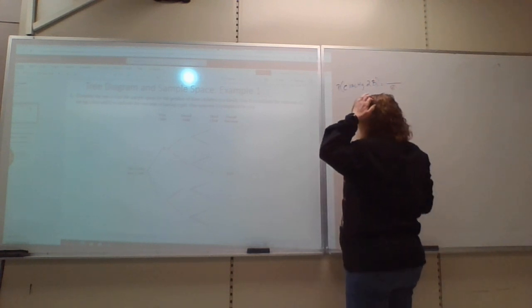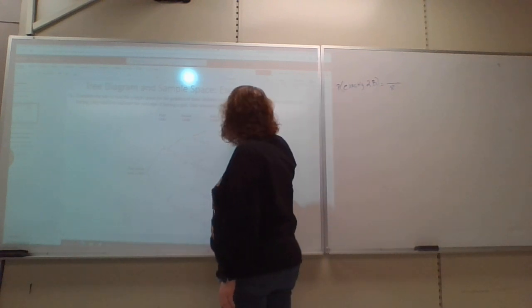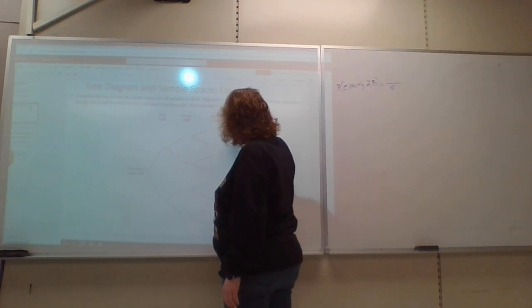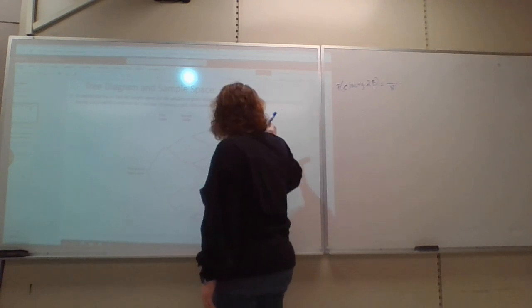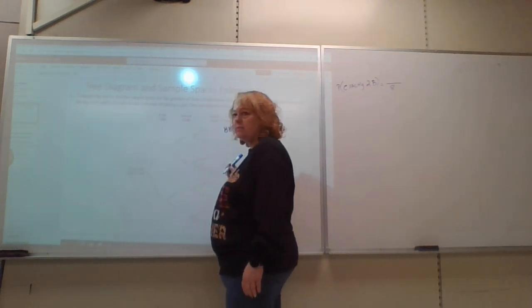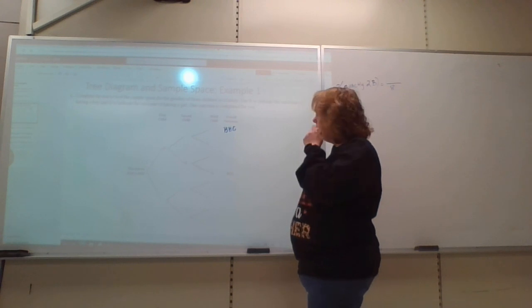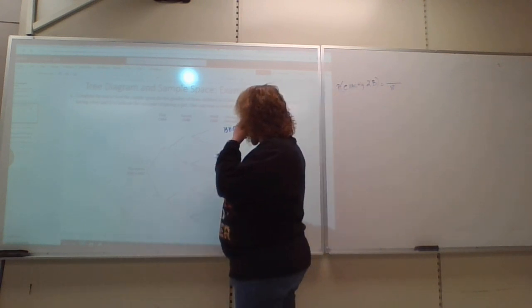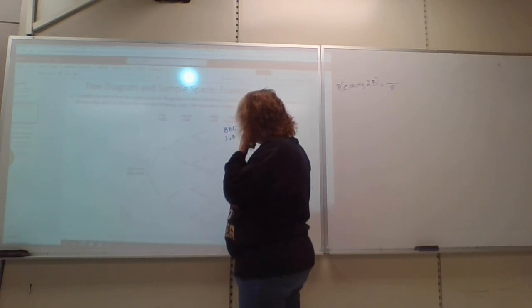All right. Well, over here, exactly 2 boys. We had a BBG, right? Exactly 2 boys. Okay, yeah. You wouldn't count that one, that would be 3. We would have a boy, girl, boy, right?